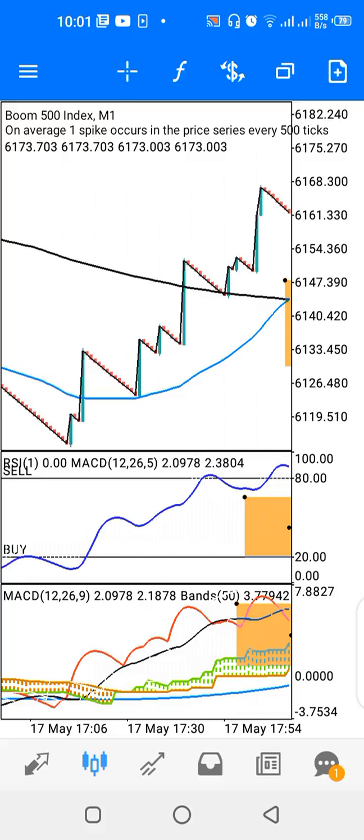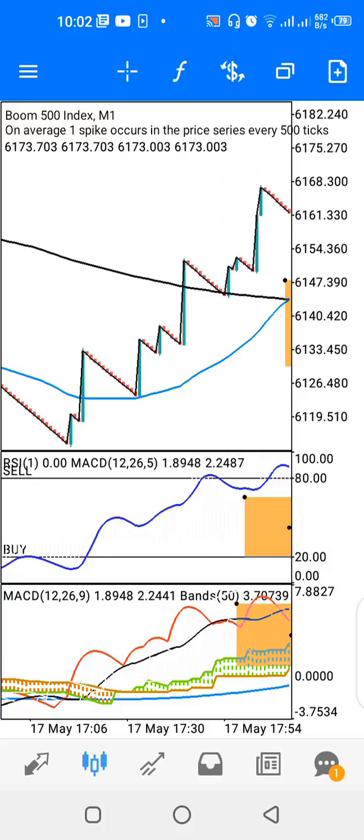I'll only use the buy signals since I'm trading Boom 500. If I'm trading Boom 1000, I also make use of buy signals as given by this strategy. Although this strategy will give both buy and sell signals, for Boom index I'll go for the buy signals only. And for Crash index, I'll go for the sell signals only.